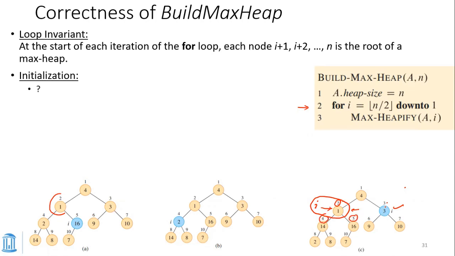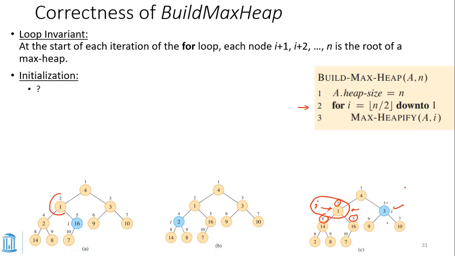So indices 3, 4, 5, 6, 7, 8, 9, 10, all the way till the end of the array, all of those have essentially already been converted into max heaps. And this was basically the concept that Jane had suggested, that we go upwards.